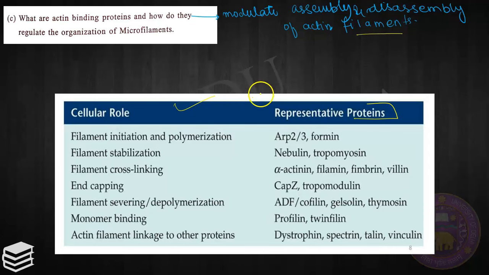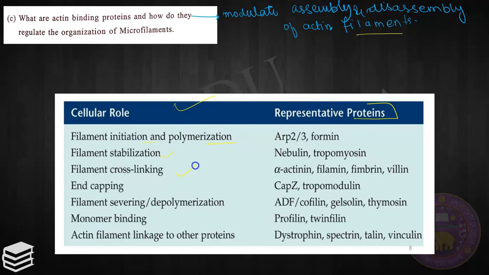So there are various actin binding proteins like ARP2/3 and formin that bind along the length of the actin filament, responsible for filament initiation and polymerization. Then nebulin and tropomyosin, filament stabilization.